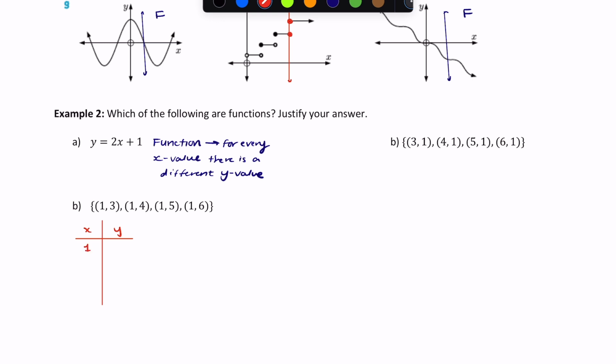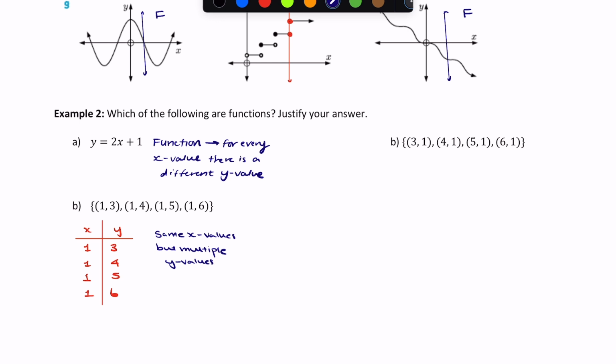So we have 1, 3, 1, 4, 1, 5, and 1, 6. And so here it's the same x values, but multiple y values.